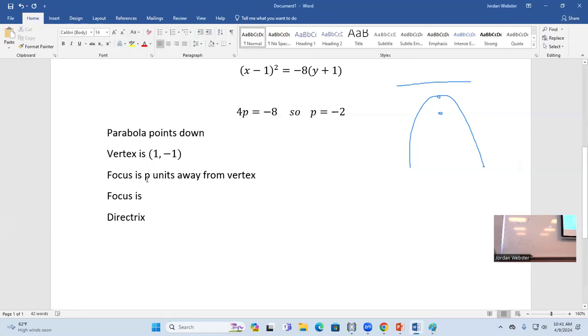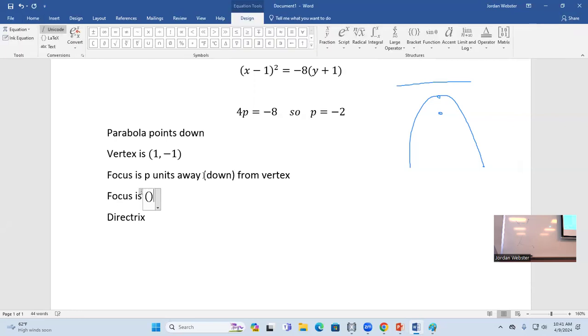So to get the focus, I'm going to start at the vertex, and then I'm going to subtract 2 from the y value. So my focus is going to be (1, negative 3). I went down 2 units from where the vertex was.